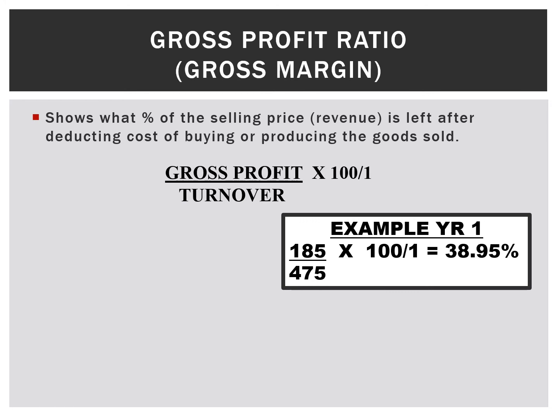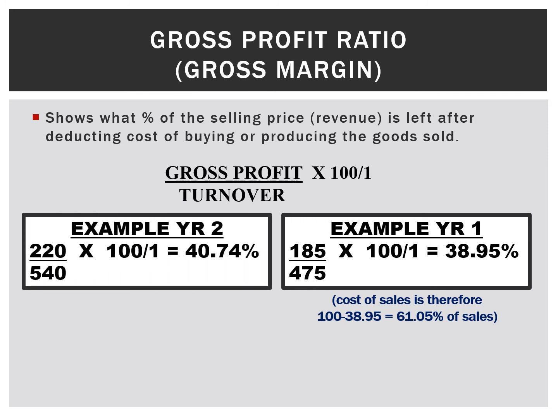Now it's worth remembering that after we've calculated that, we can very easily work out what percentage of revenue is used up either buying in or manufacturing the goods that are sold, and it will simply be the difference between 100% and the 38.95% gross margin. So in the case of year 1, we know now that cost of sales accounts for just over 61% of the money coming into the business.